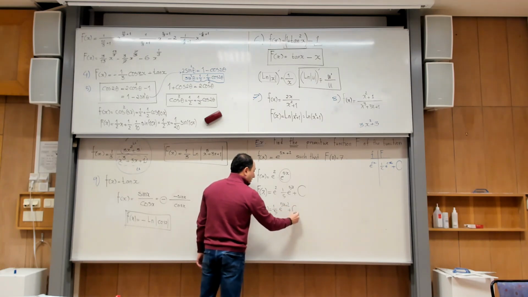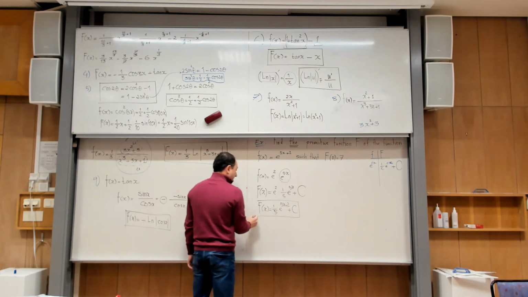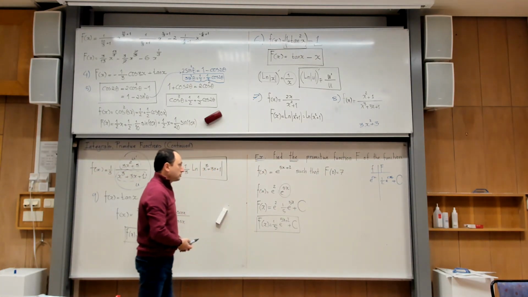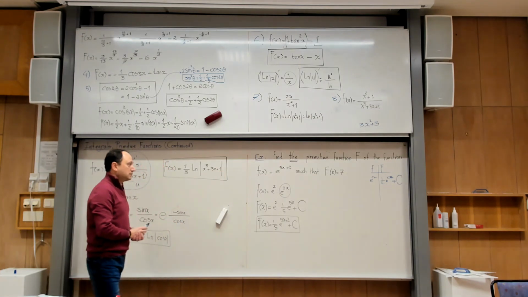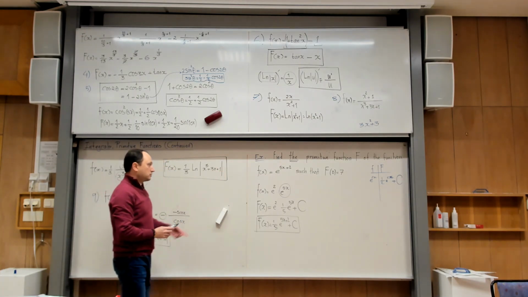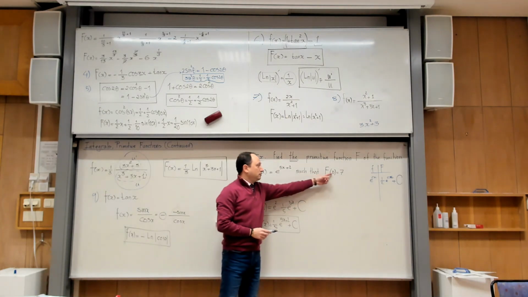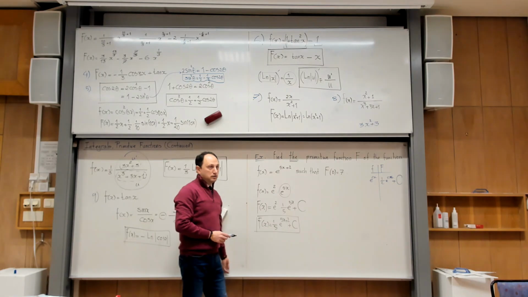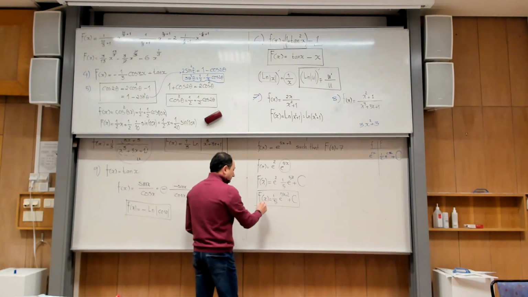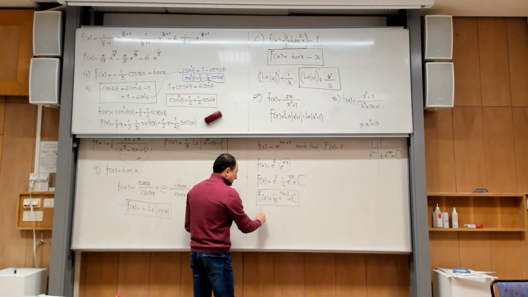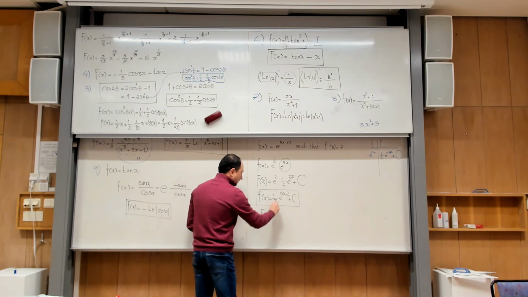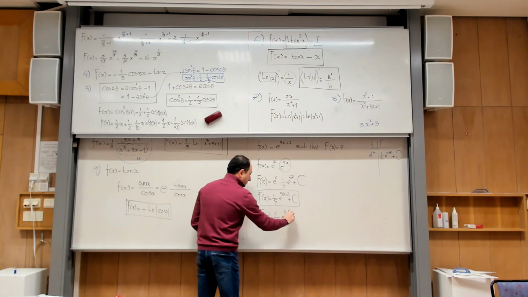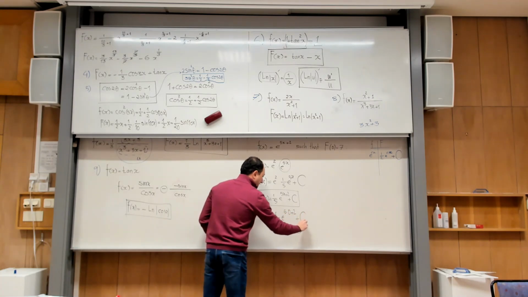But the problem is not finished yet, because I have to do something so that that condition is also satisfied. This means that if I replace x with 0, the answer is supposed to be 7. So I put 0 instead of x. F of 0 is equal to 1 over 5 e to the power of 5 times 0 plus 2, plus a constant c.